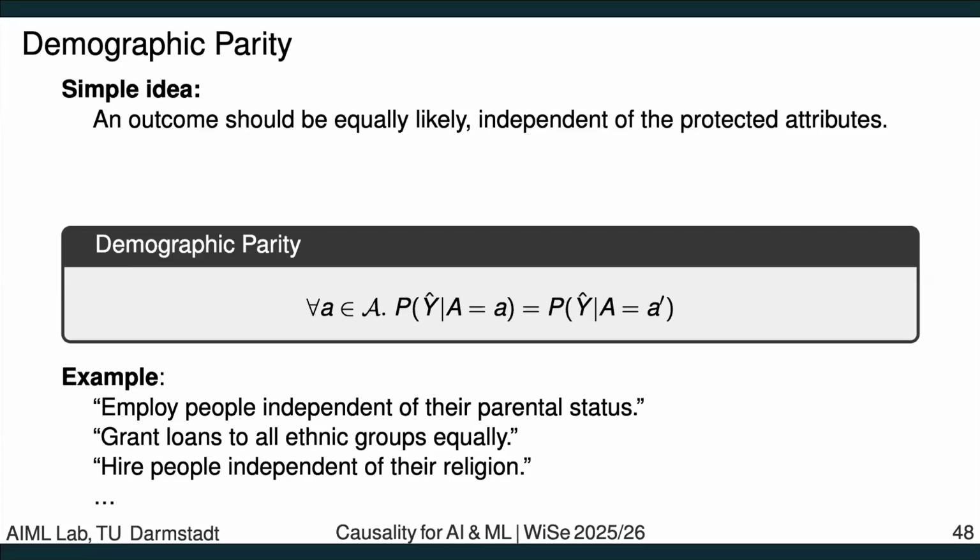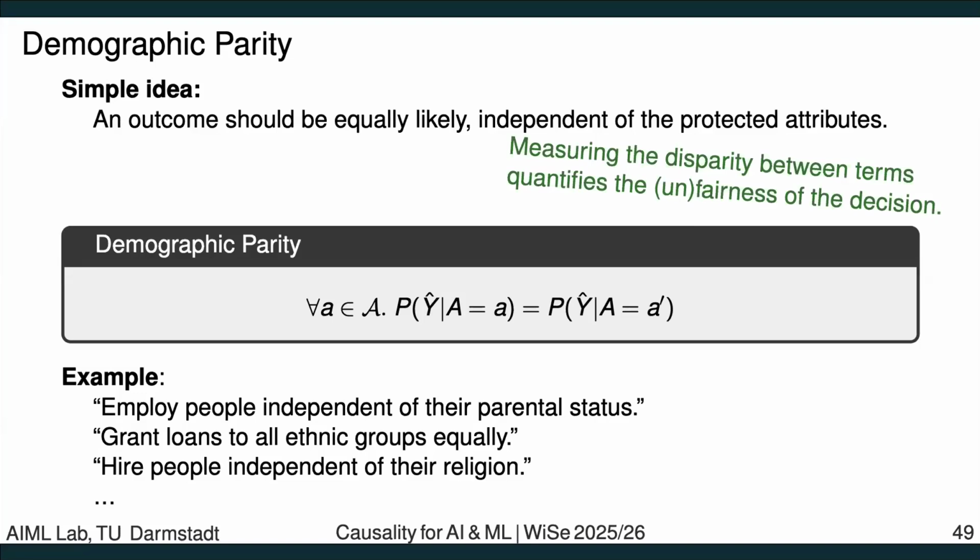So basically, what this metric does is that it somehow divides this whole data set into subgroups that have the same setting of protected attributes, and it requires that the outcome or the decision that we take over those subgroups are really the same, or have the same probability at least.